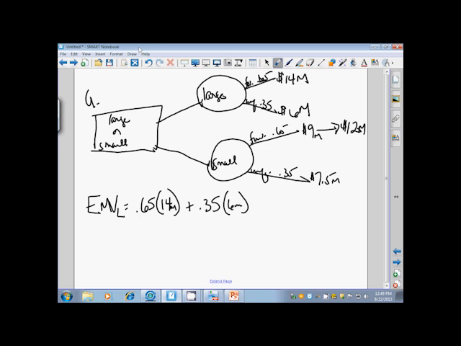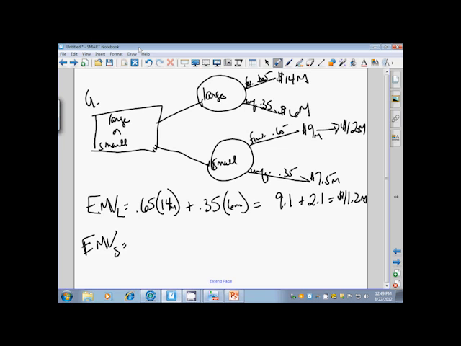If I did my math right, that should be 9.1 plus 2.1, which gives us 11.2 million.